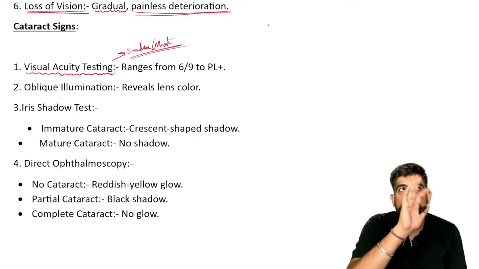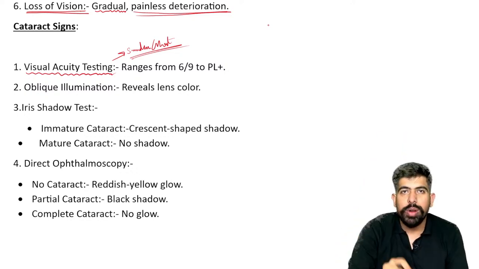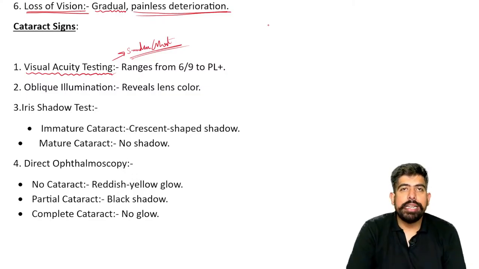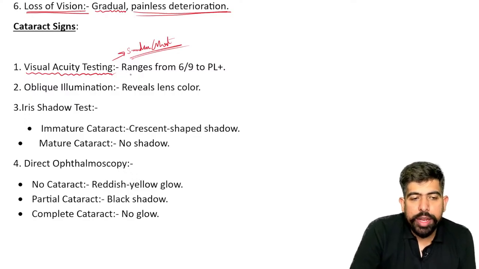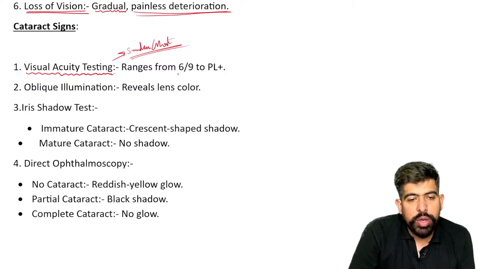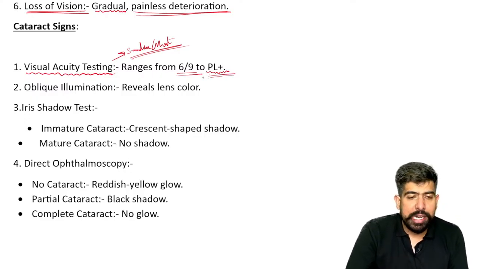In the starting there is one letter, then two. Going from above to downwards, the number of letters increases and the letter size decreases. That is your Snellen chart. In this patient the visual acuity will range from 6/9 to projection of light. This will be the visual acuity testing.